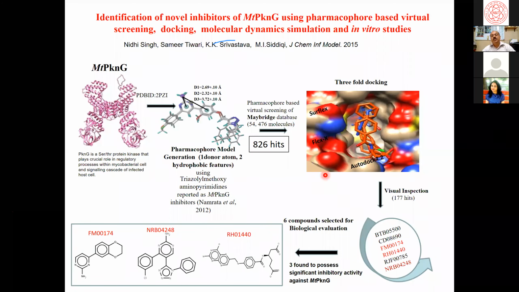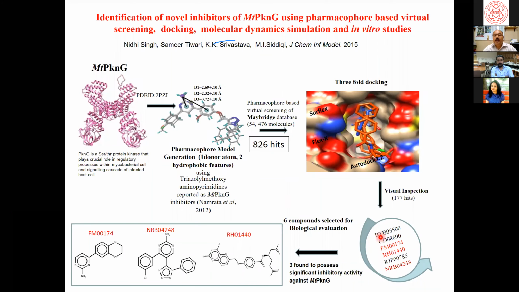Here, she used a set of three different docking methods and tried to find out which of the molecules have a consistent screening, and this gives a better understanding of interaction of the potent molecules with the protein.